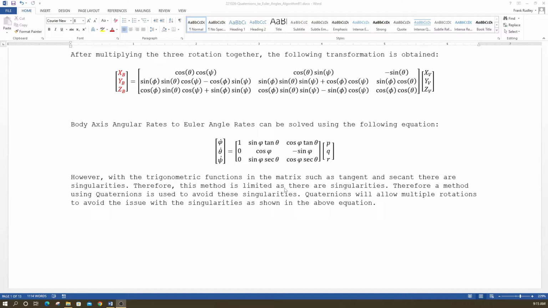Therefore, this method is limited as there are singularities. Therefore, a method using quaternions is used to avoid these singularities. Quaternions will allow multiple rotations to avoid the issues with the singularities as shown in the above equation. So this equation does work good.